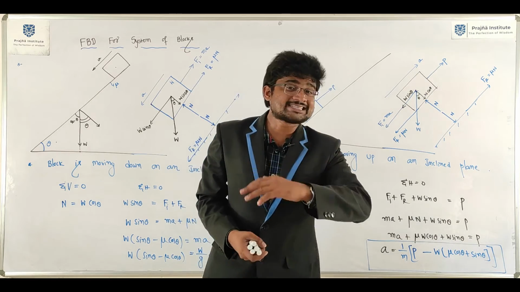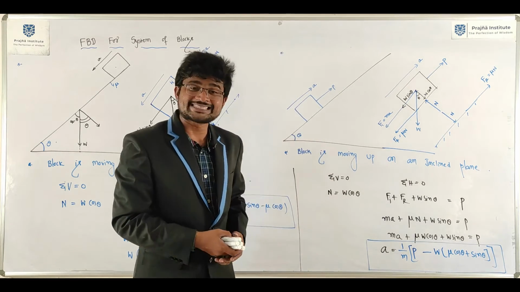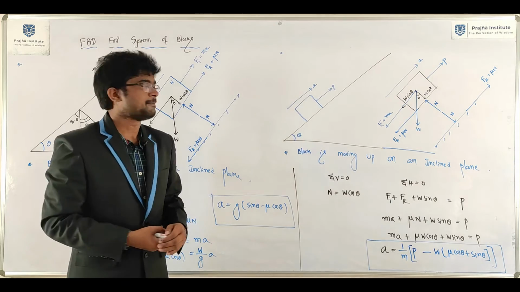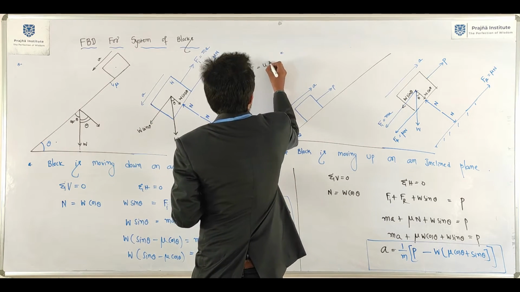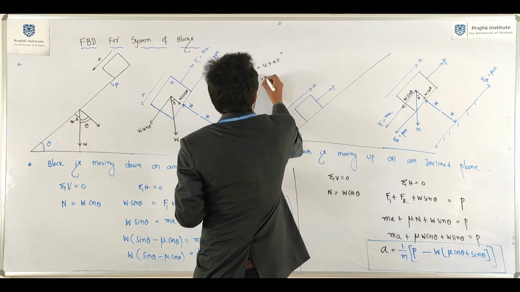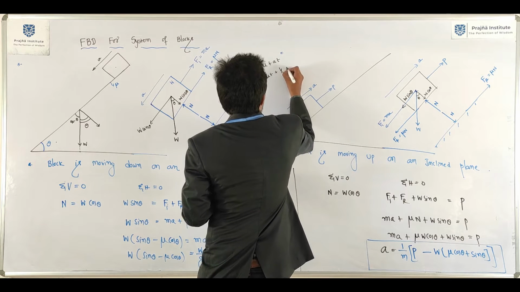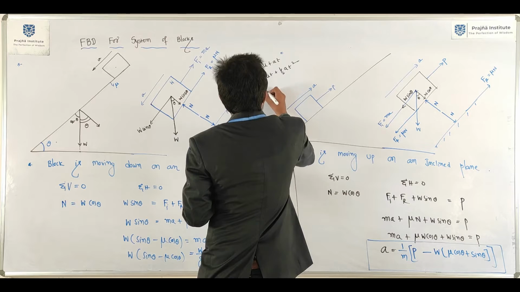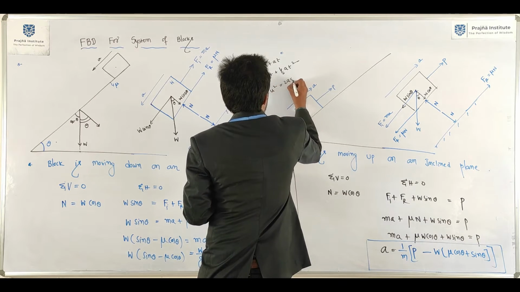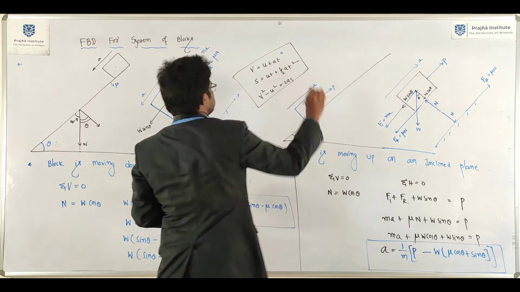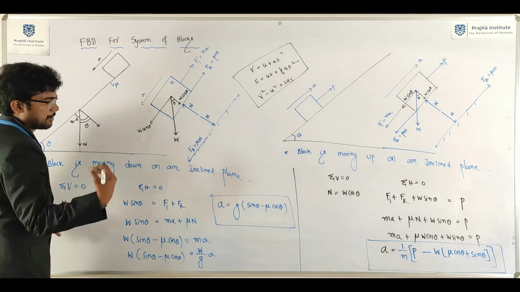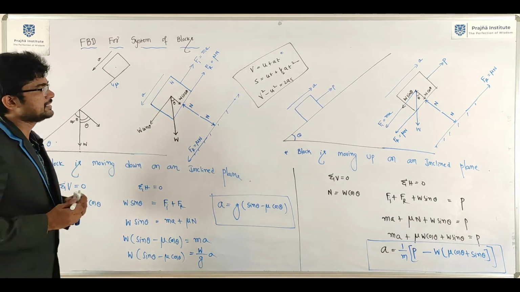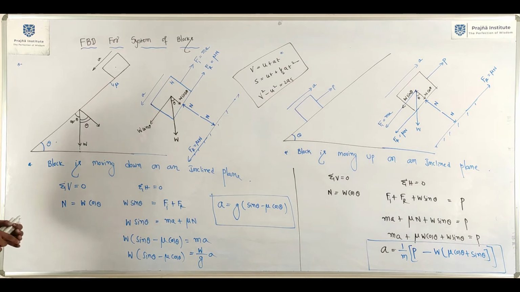You can calculate velocity using v equals u plus at, and distance using s equals ut plus half at square. V equals u plus at, s equals ut plus half at square, v square minus u square equals 2as. This is the complete set. You can calculate anything by drawing the free body diagram and applying kinetics. Okay, so now write down up to here.